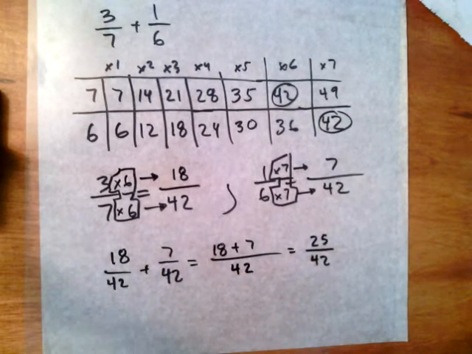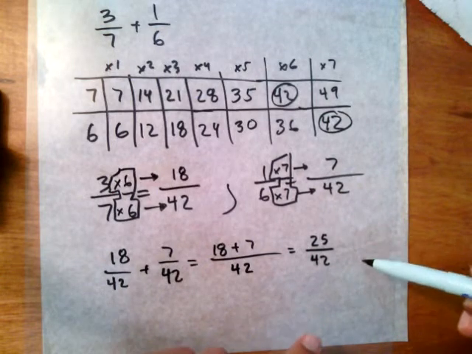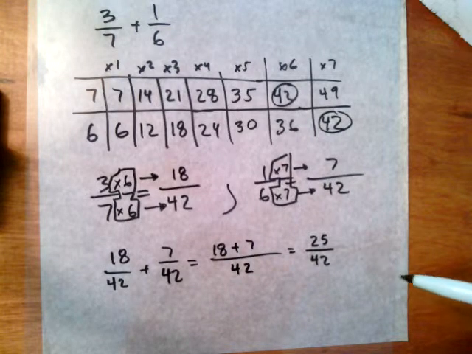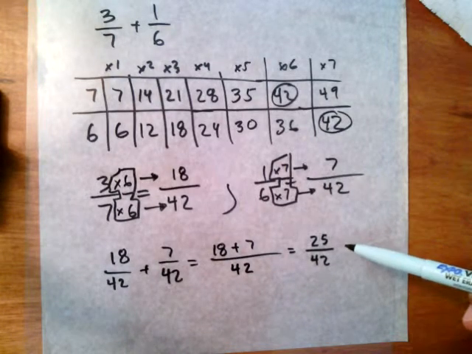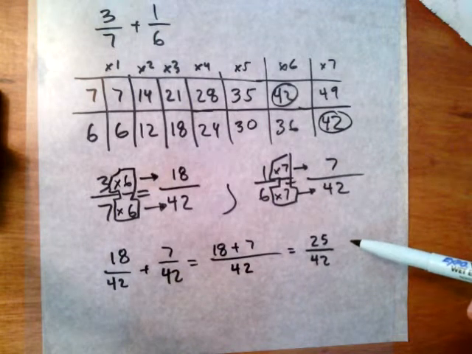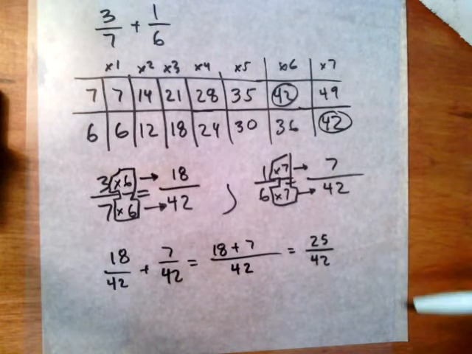Our last step is to check if we can reduce this fraction. We always want to express a fraction in its lowest terms by reducing it. There's no value that we can reduce the numerator and the denominator by, so this is as far as we can go.